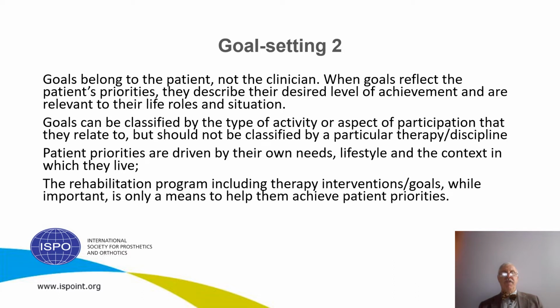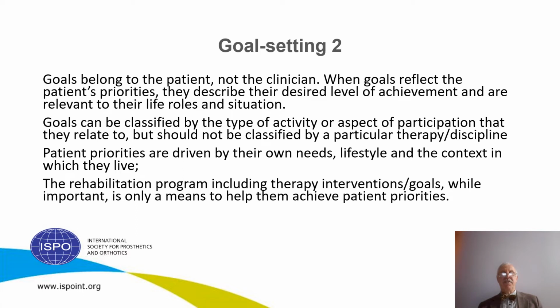When goals reflect the patient's priorities, they describe their desired level of achievement and are relevant to their life roles and their situation. Goals can be classified by the type of activity or an aspect of participation that they relate to, but they should not be classified by a particular therapy or discipline.